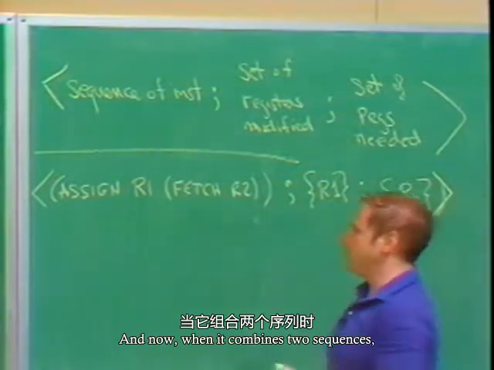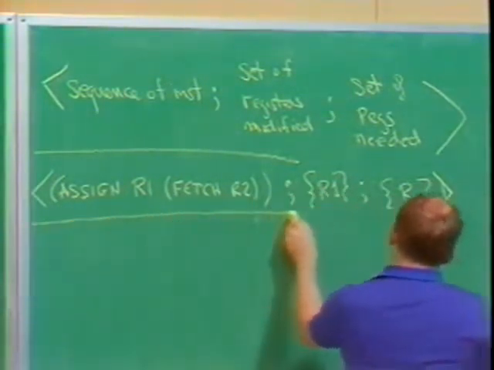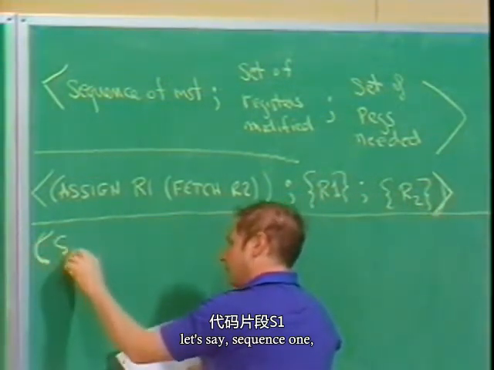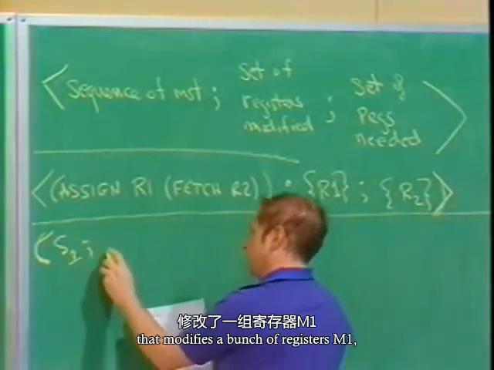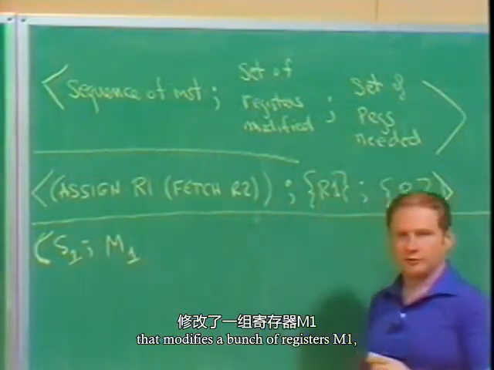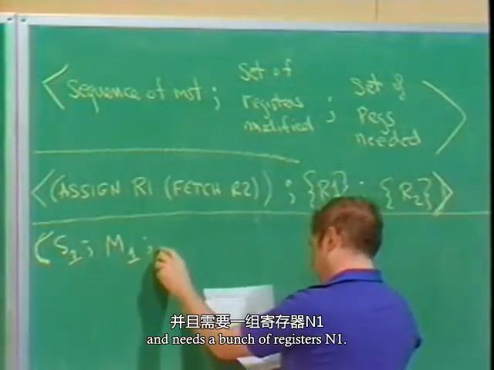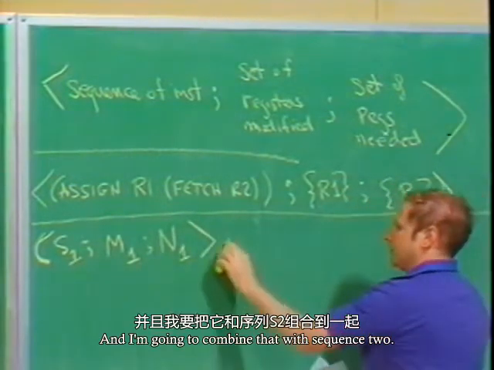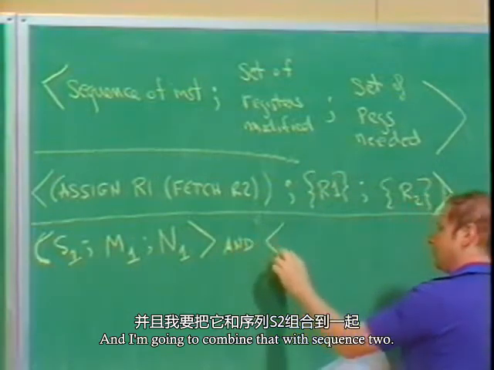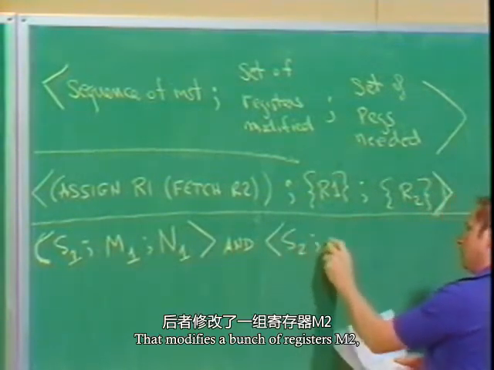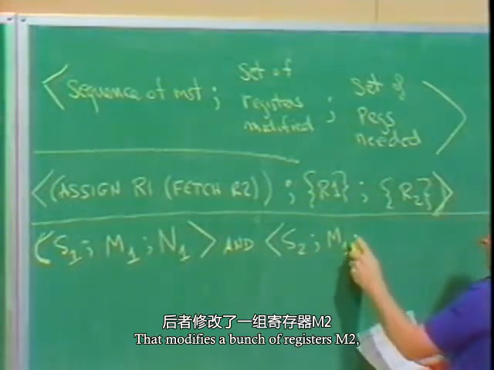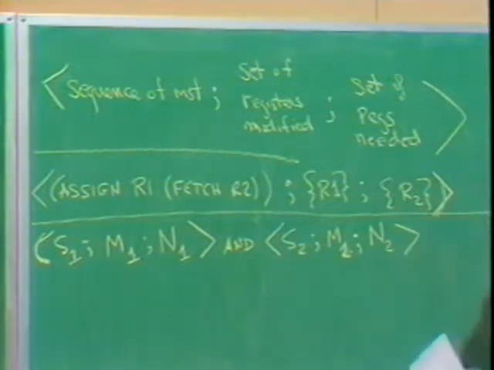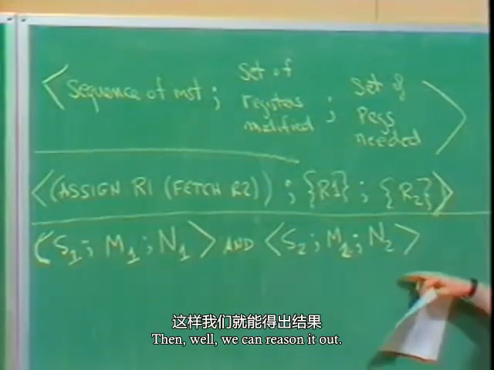And now, when it combines two sequences, if I'm going to combine sequence 1 that modifies a bunch of registers M1 and needs a bunch of registers N1, with sequence 2 that modifies a bunch of registers M2 and needs a bunch of registers N2, then we can reason it out.